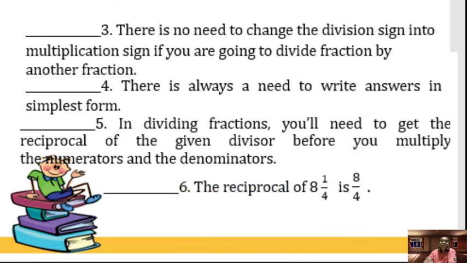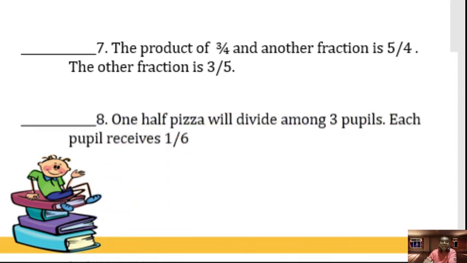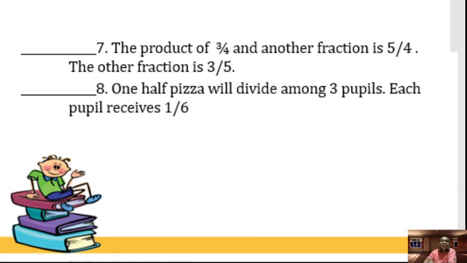The reciprocal of 8 and 1/4 is 8/4. 7. The product of 3/4 and another fraction is 5/4. The other fraction is 3/5. 8. Then 1/2 pizza will be divided among 3 pupils. Each pupil receives 1/6.